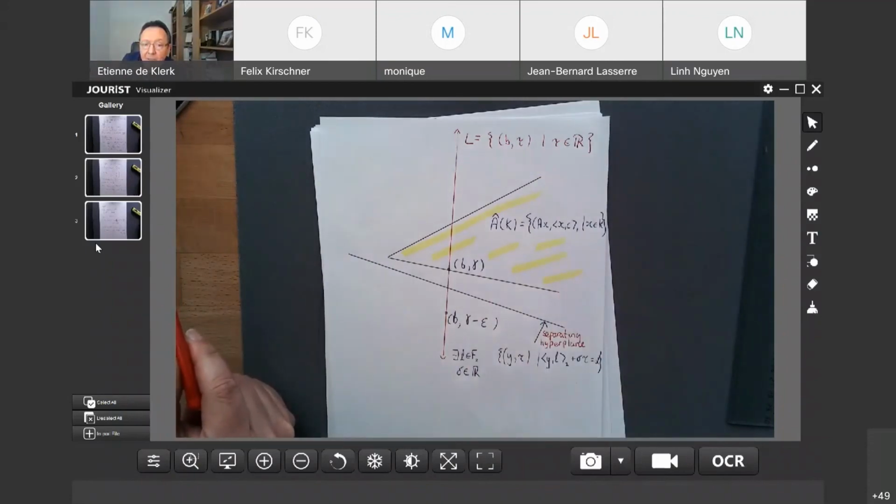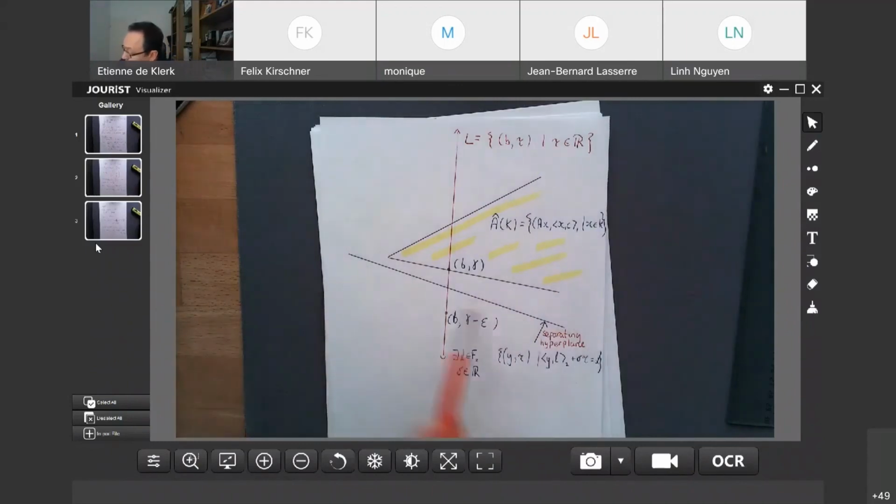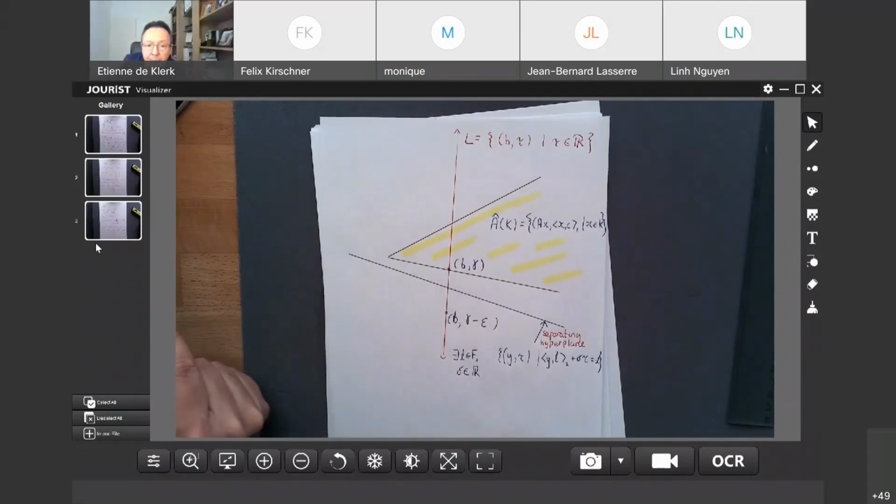Now our separating hyperplane theorem tells us that there exists a suitable continuous linear functional that separates this point here from this point here. And the absolutely important issue is that we can describe the separating hyperplane in terms of a suitable linear functional, because we assume that we are working in the topology of a duality.